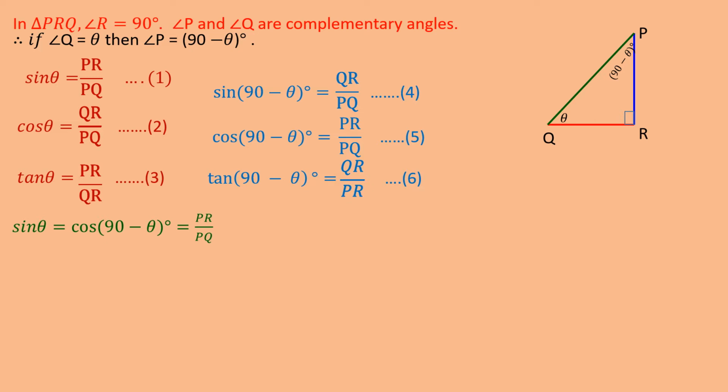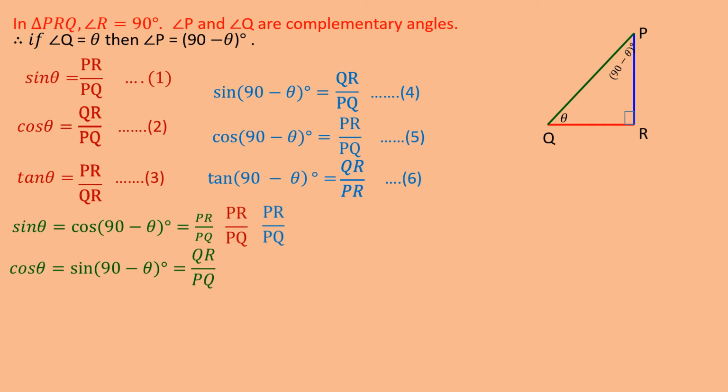You will find, when you compare the red one and the blue one, that sine theta and cos of 90 minus theta have the same value. You will see that all three are having the same value. So you can say that sine theta equals cos 90 minus theta.